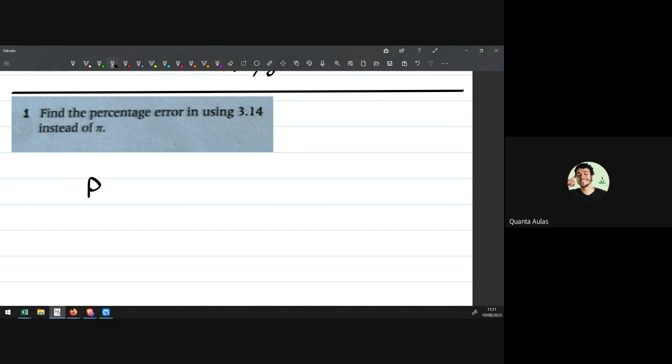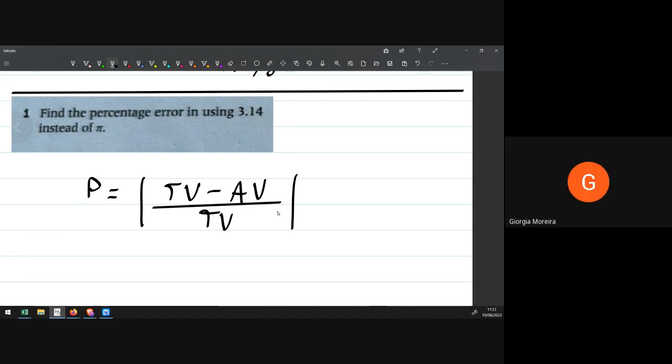I will name it P, the true value, right? True value minus approximate value divided by true value. But to use the true value, I don't know.